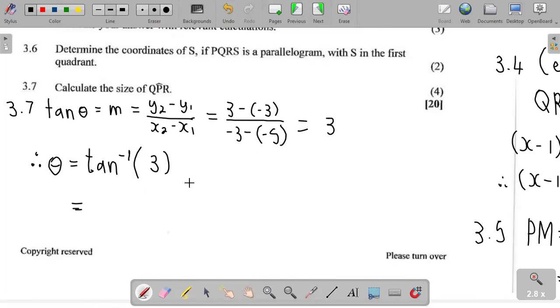The second function gives me 71.57 degrees. So this is equal to angle QPR.